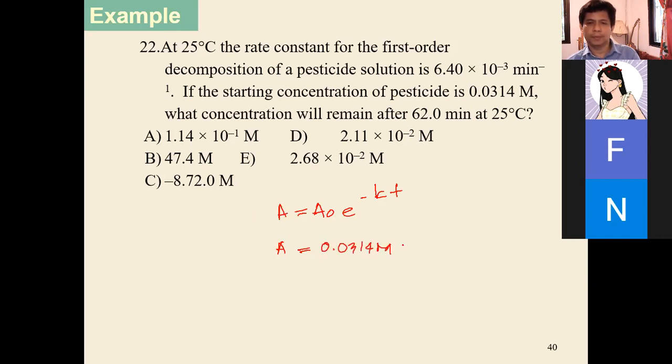Tama? Tapos e, yung k natin is negative 6.4 times 10 to the minus 3 per minute, times 62 minutes. Cancel ito. Unitless. So, 0.0314 times shift e negative 62 times 6.4 times 10 to the minus 3. Yun yung sagot.